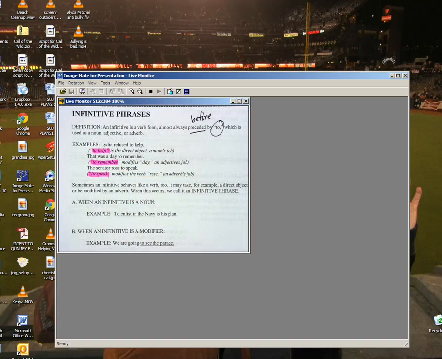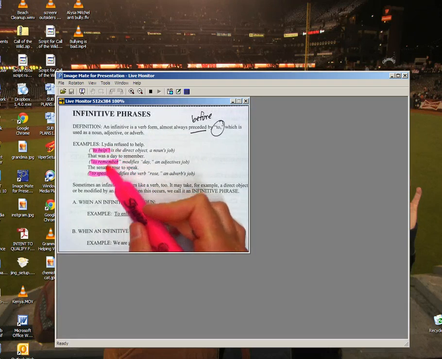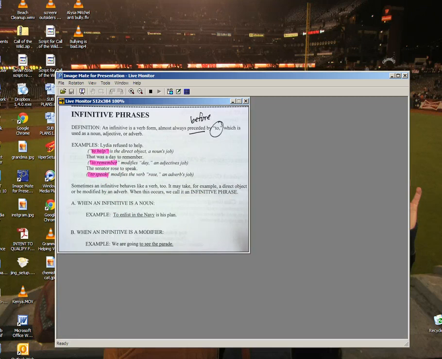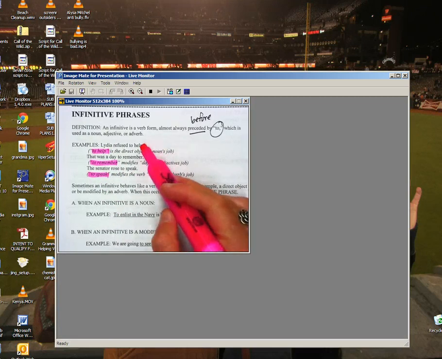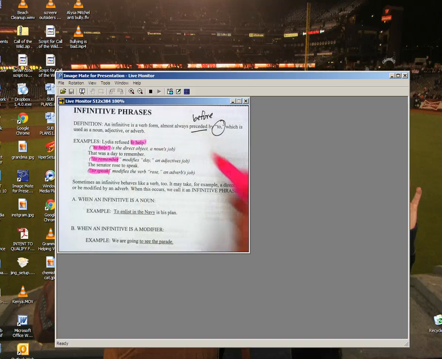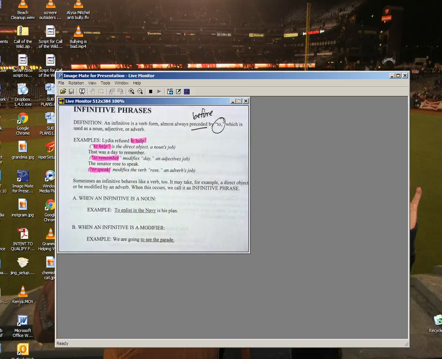Now this here is used as a noun, adjective, or adverb, but we always need to look for that to help, to remember, to speak when we're looking for an action. Okay, Lydia refused to help. This is an entire phrase here. The day was a day to remember, an entire phrase. The senator rose to speak, an entire phrase.